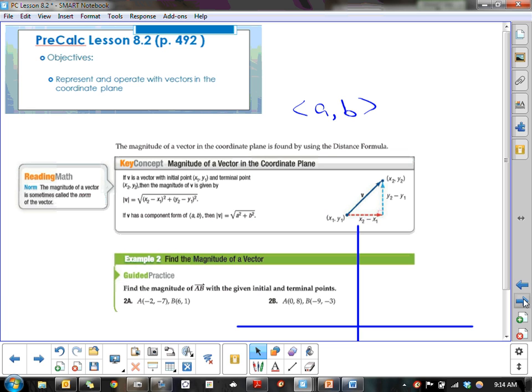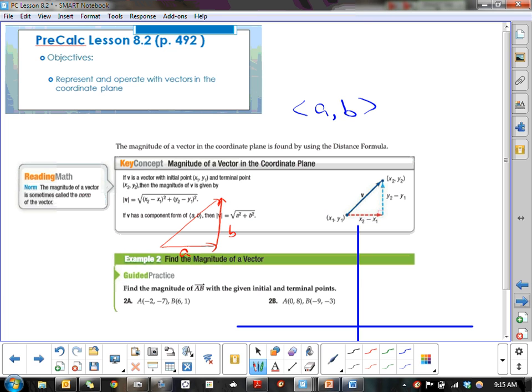If v has a component form, what does a represent? The change of the x's. It tells you how far horizontally your vector is, and what does the b represent? It's the change in your y. So you could have a vector with component a, component b, then couldn't you find the magnitude of that resulting force by taking a squared plus b squared?